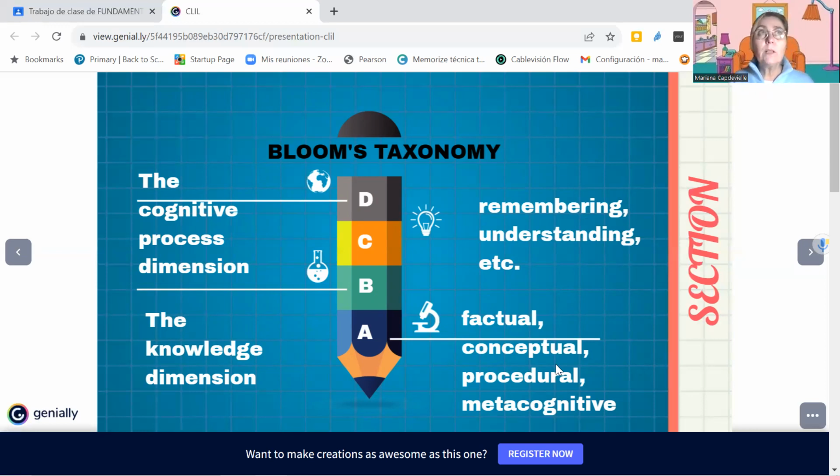The procedural is the process, how you go about it, what you do and how you do things. This is the knowledge dimension. And then you have the cognitive process dimension, which is all the levels that we have seen, remembering, understanding, etc.